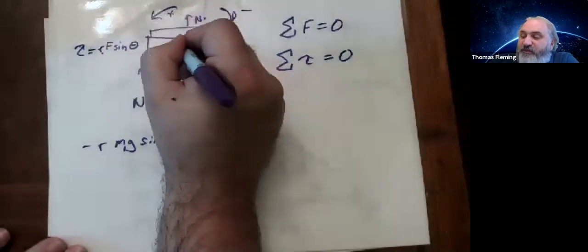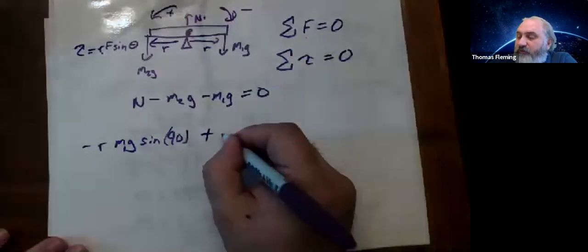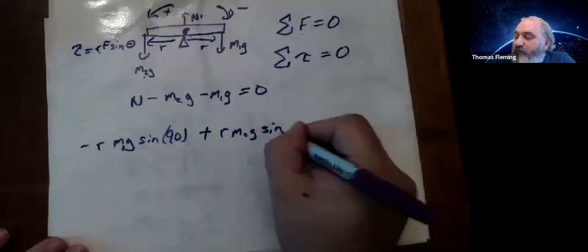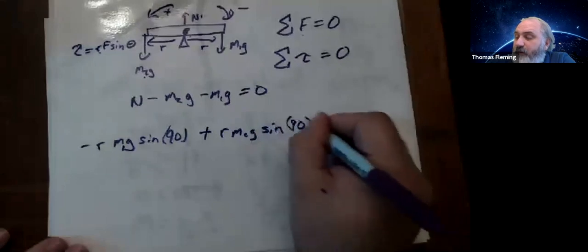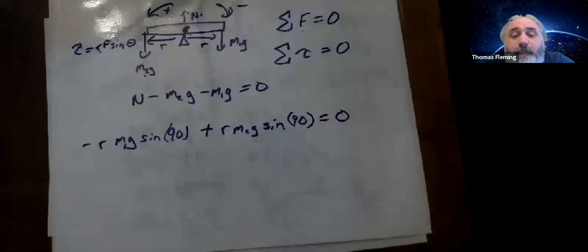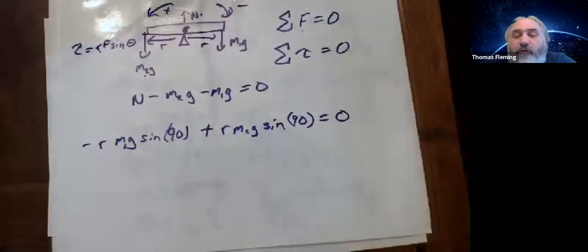It'll be this distance times this force times the sine of still 90. And that's got to equal 0. And once I have those equations, I solve for whatever information I don't already have. Super easy. So that's kind of Chapter 9 in a nutshell. And all it ever really changes is how do I break down the torques for all those objects?